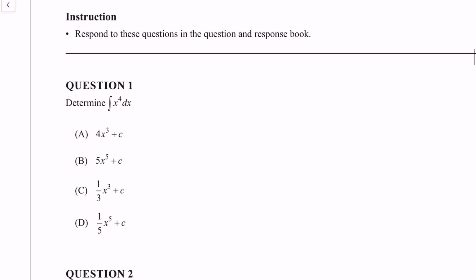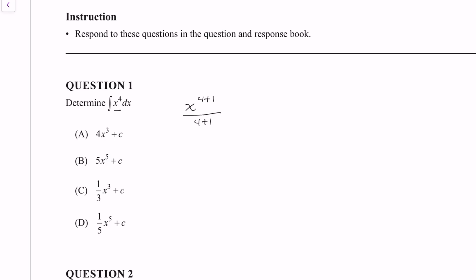So question 1, determine the integral of x to the power 4 dx. With the integrals of simple power functions like these, all we have to do is add 1 to the power and divide by what we have summed.